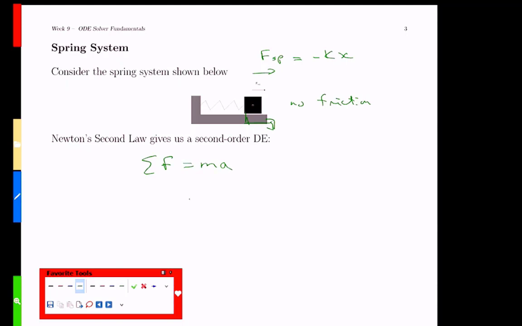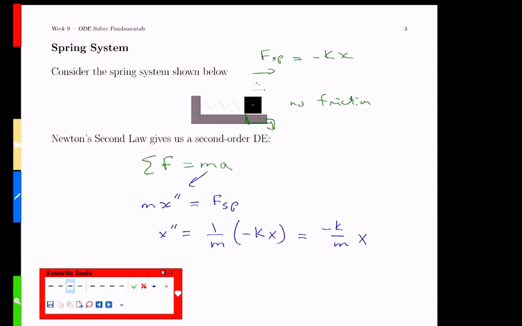And that means mass times x double prime is going to equal our spring force. Or x double prime is going to equal 1 over m times minus kx.